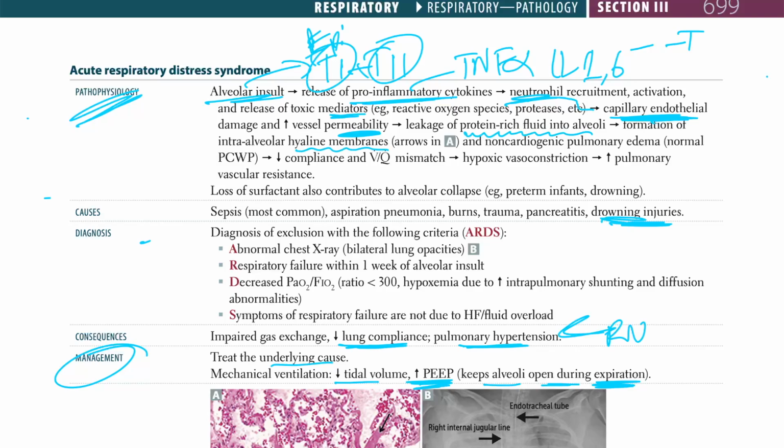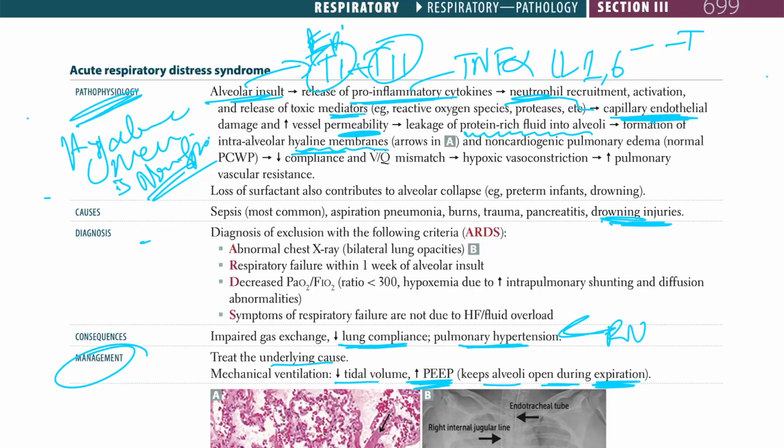The high-yield point is that hyaline membrane formation is non-specific. Any time you have capillary endothelial damage and protein-rich fluid goes out, it's going to cause hyaline membrane. It is non-specific to ARDS or NRDS.